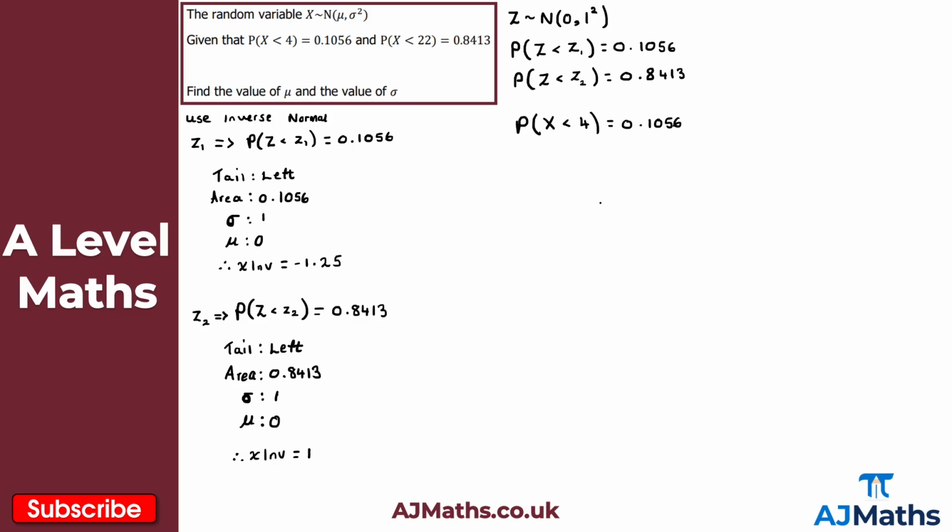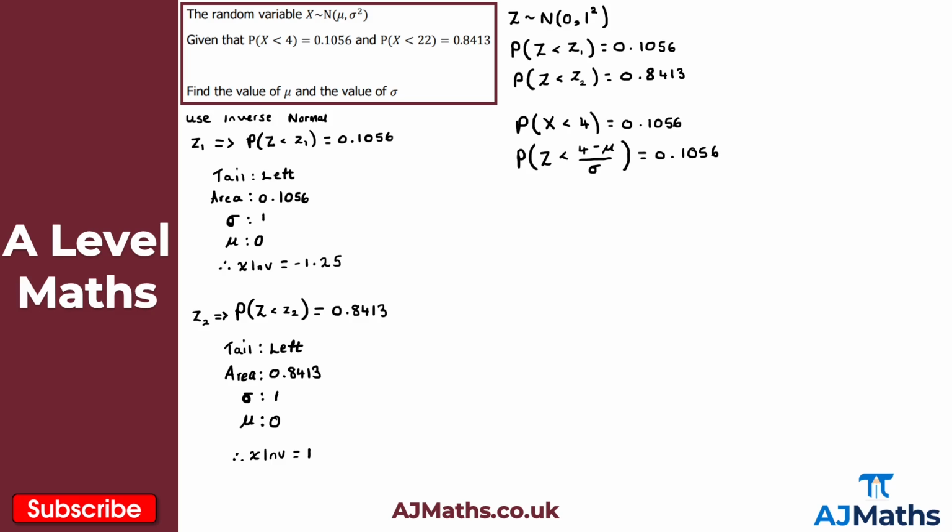Now we use our standardization for the standard normal distribution. The probability that z, our standard normal variable, is less than 4 minus the mean, which is mu, all over sigma, because we don't know the mean or the standard deviation here, is equal to 0.1056.